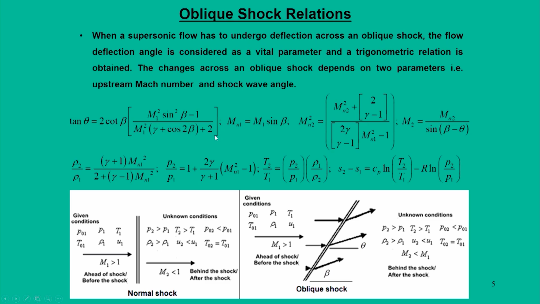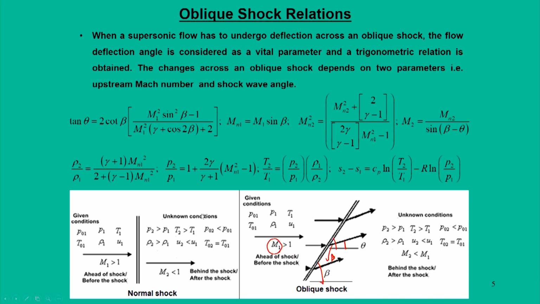Here theta is the flow deflection angle, beta is the shock wave angle, and M1 is the Mach number.